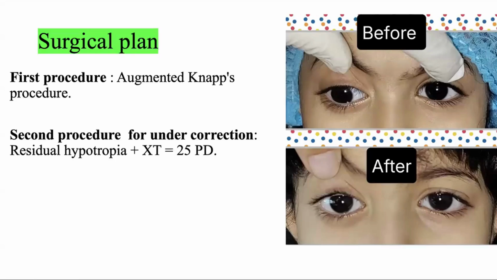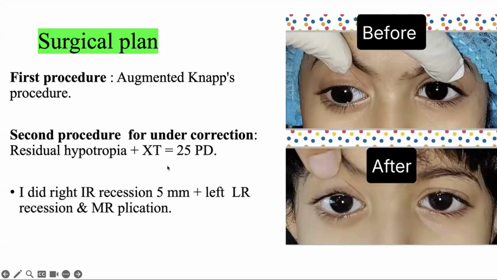But unfortunately, after doing the first surgery, the patient still had residual hypotropia with exotropia that I didn't notice initially. So in the second surgery, I did inferior rectus recession with MR resection, or MR plication, and LR recession to correct the exotropia.